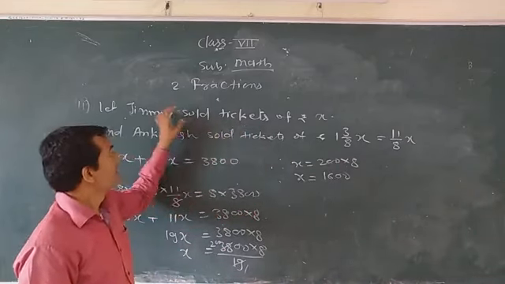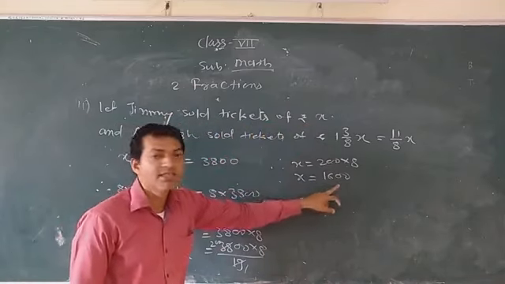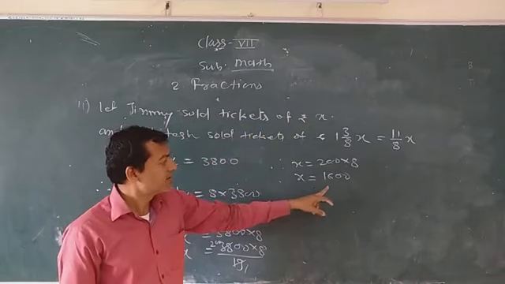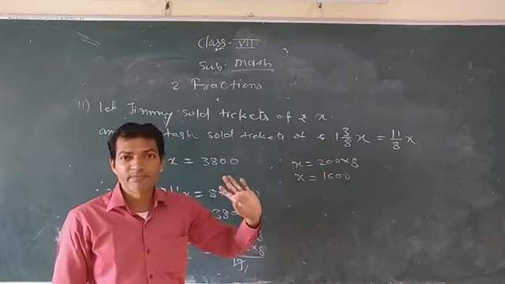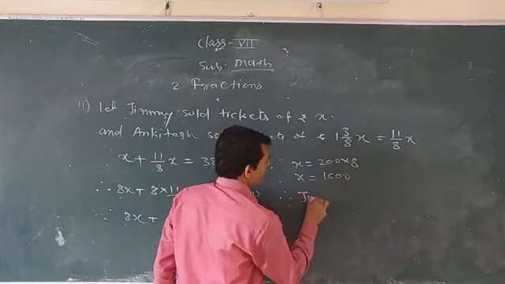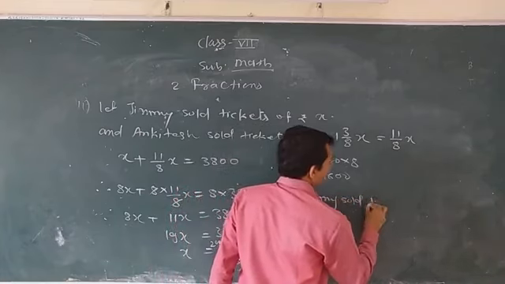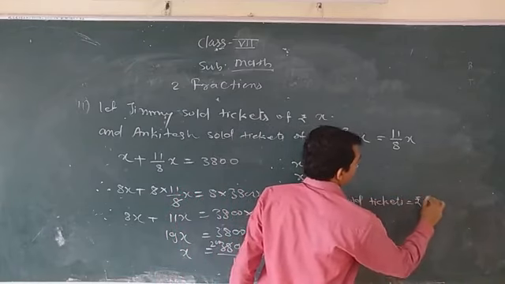rupees. Okay, means Jimmy sold tickets of rupees x means of rupees 1600, and Ankit has sold 3800 minus 1600, means 2200. Okay, so therefore we can write Jimmy sold tickets is equal to rupees 1600.